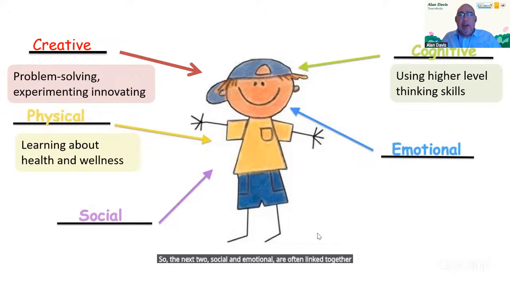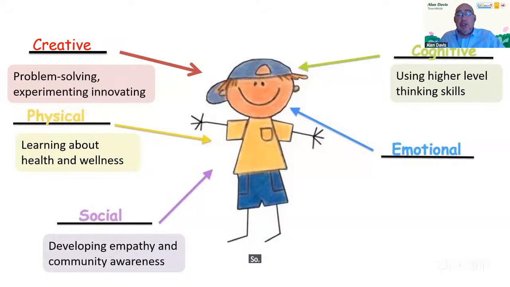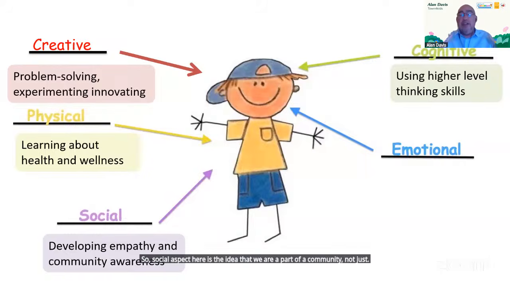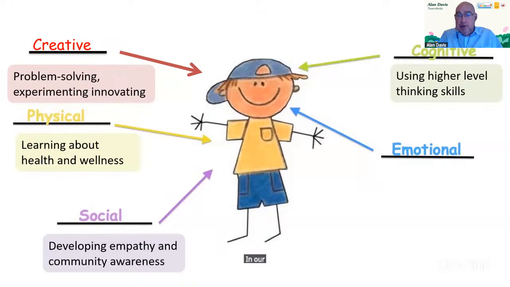The next two, social and emotional, are also often linked together. I'm breaking them apart here, but you'll often see them linked together in SEL, or social emotional learning. The social aspect here is the idea that we are a part of a community, not just individuals that can do whatever we want. When we're teaching this area, we help students to develop empathy and community awareness, to understand that our actions have impact in our close circle as well as the community at large.